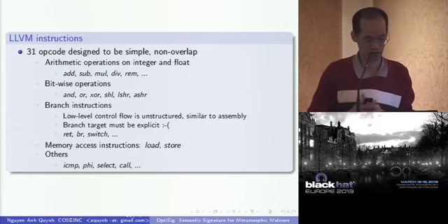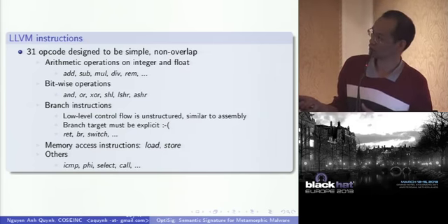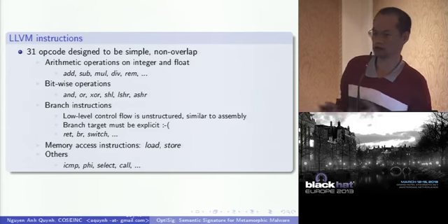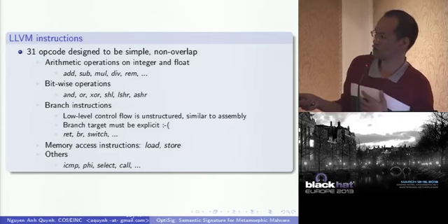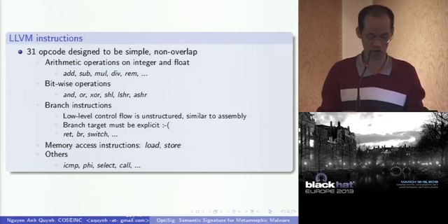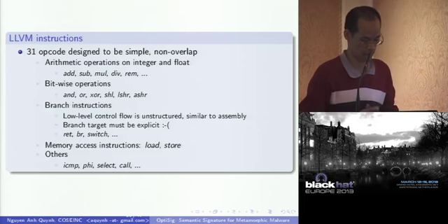Okay, next, LLVM instructions. LLVM is very simple. It only introduced 31 instructions, designed to be very simple with no overlap. It supports arithmetic operations on integers and floats: add, sub, multiply, divide, remainder. It has bitwise operations, so you can AND or OR and anything like on Intel. It has branch instructions, which are low-level control flow. But remember, this is still unstructured, very similar to assembly, like what you see on Intel.